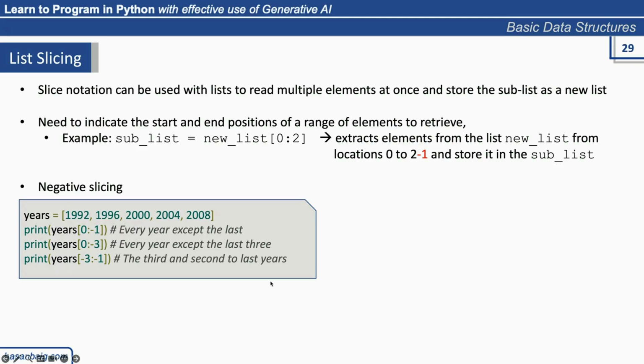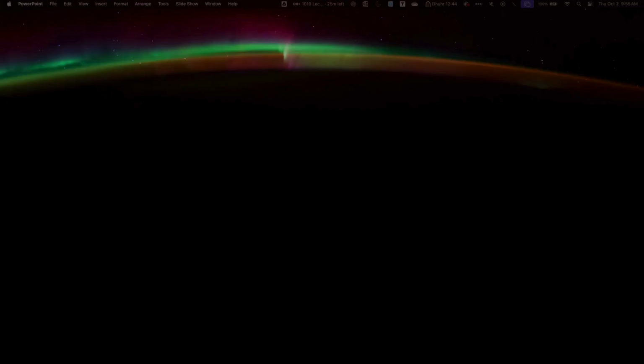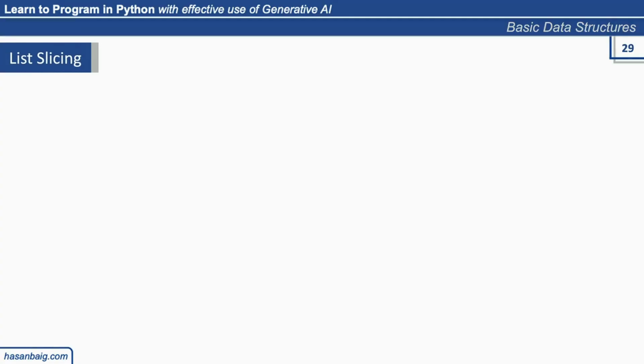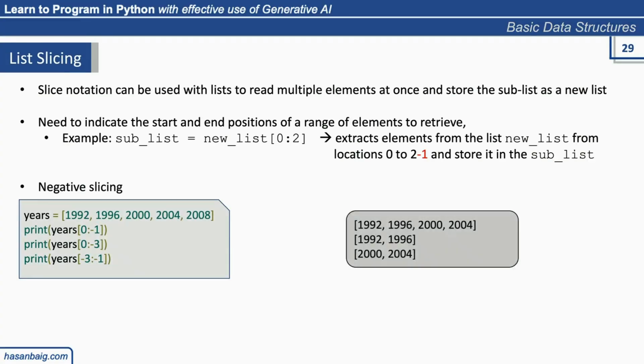Okay? Remember this? So 0 colon -1 means, what do you think it will retrieve? The comment already says that. Yep.